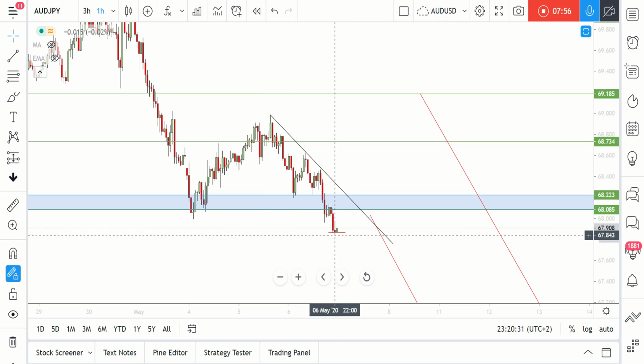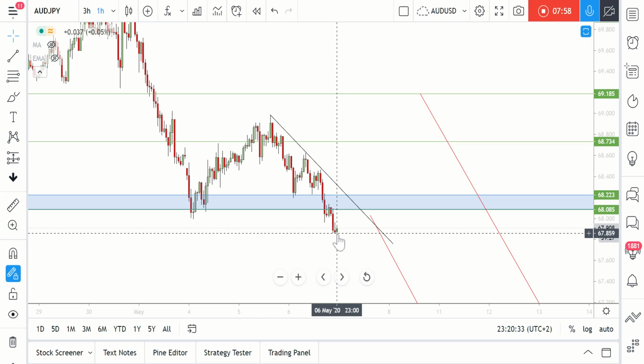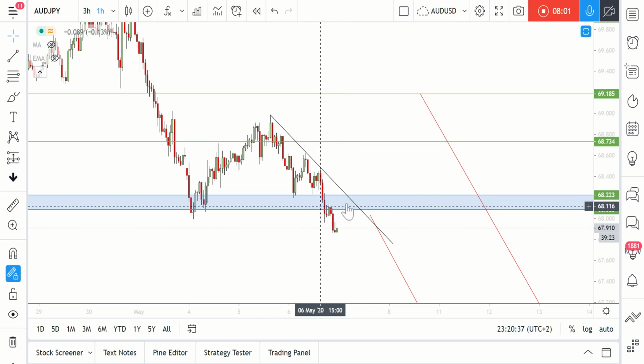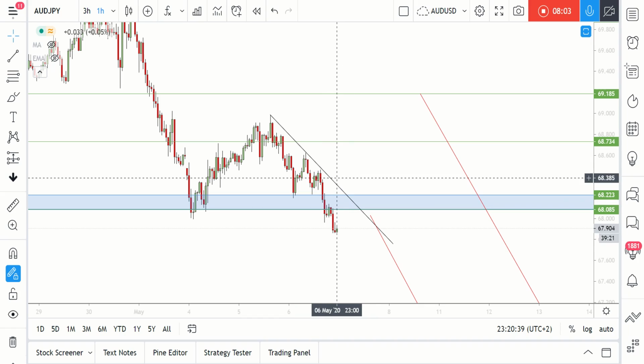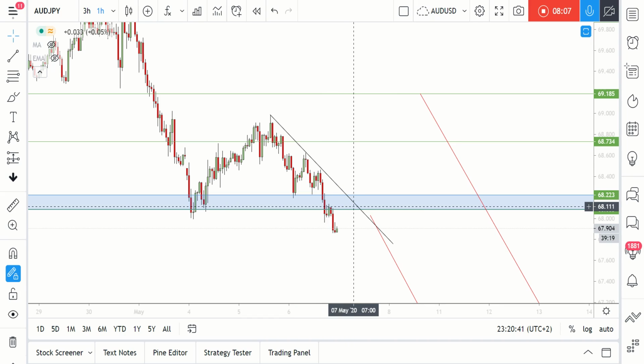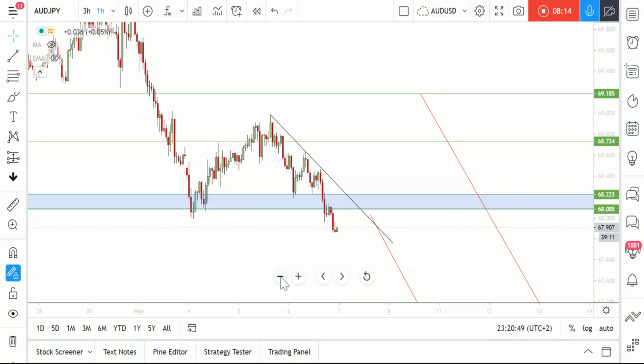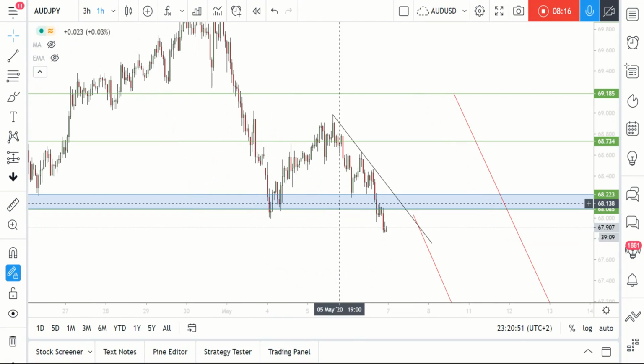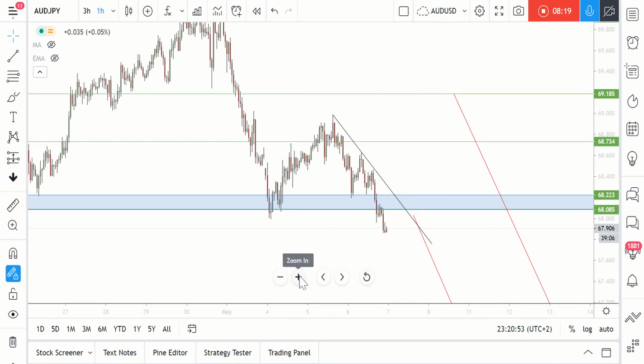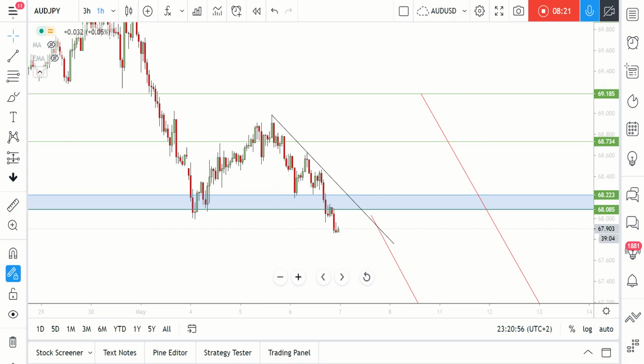Preferably, if you can have an entry at a retracement of 38.2, which will be in this support resistance zone as well as this descending trend line, then I'm looking to have my stop loss at around the 61.8 fib retracement, and obviously my take profit. I will update you guys on take profits and so forth, but I'll send exact entry and exit points on the private signals network groups.